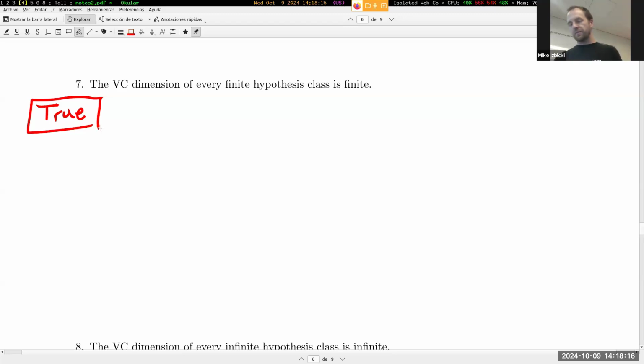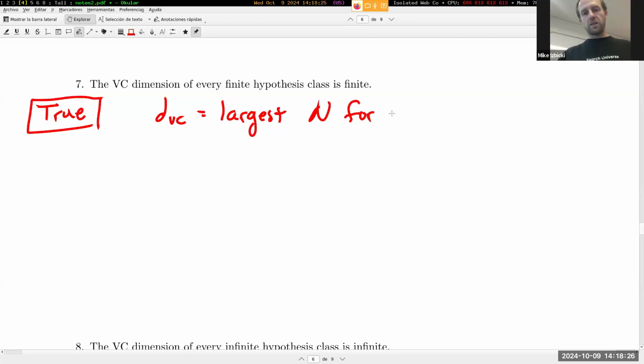So recall that our VC dimension is the largest n for which our growth function m sub h equals 2 to the n, because if it's not exponential, then we're at a breakpoint, and then we're polynomial.